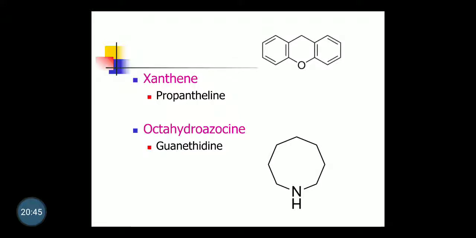We had seen various rings starting from 3-membered, 4-membered, then 5-membered, 6-membered, 7-membered, and this is an 8-membered single ring. Guanethidine is the drug which has the octahydroazocine ring in its structure. So in that way we have finished all the heterocyclic rings.